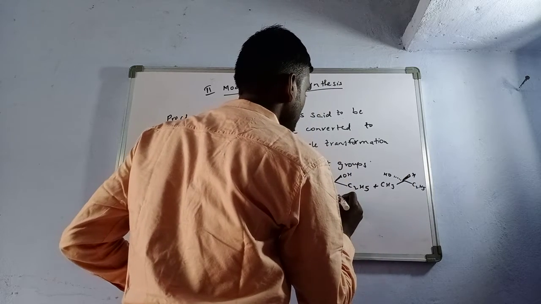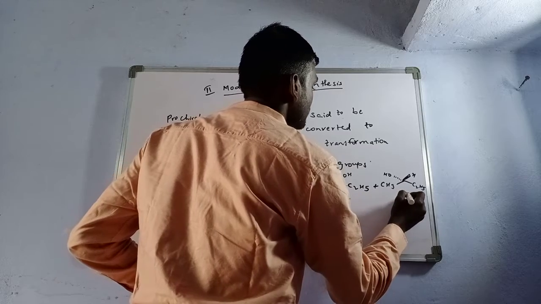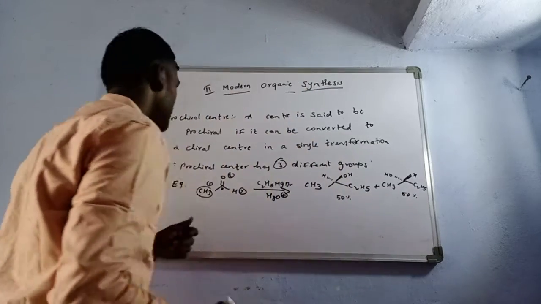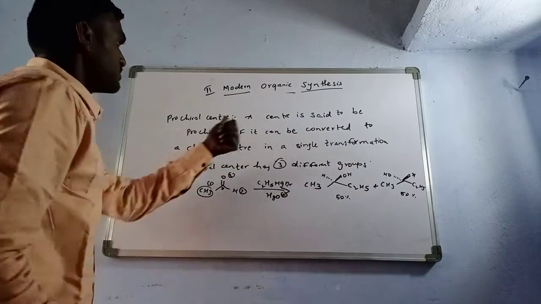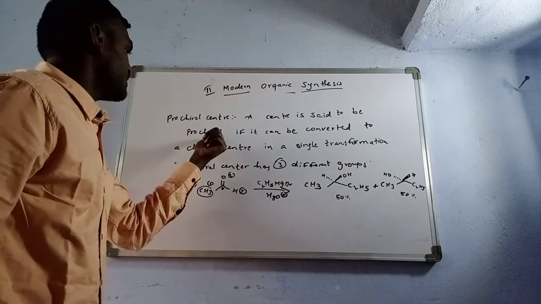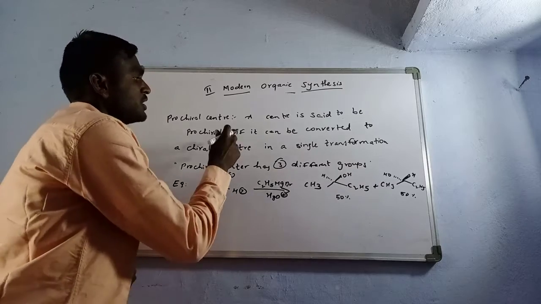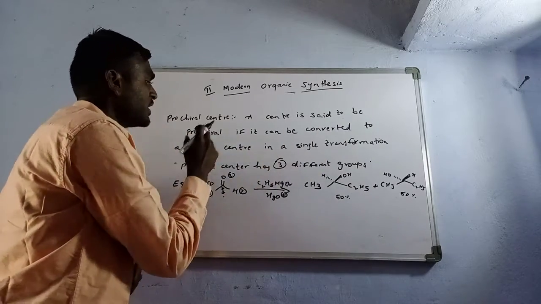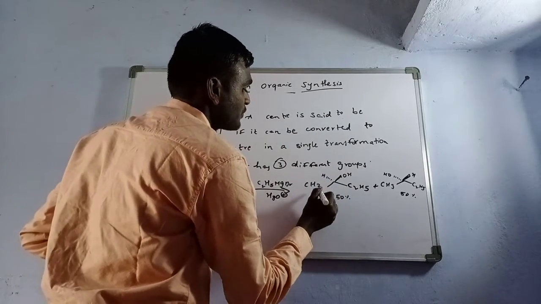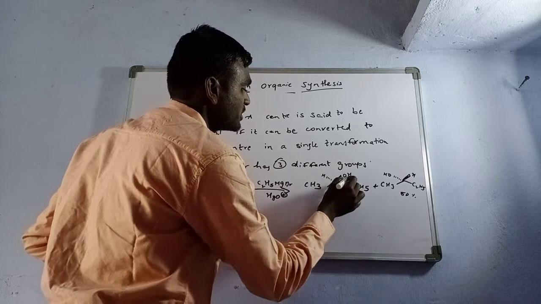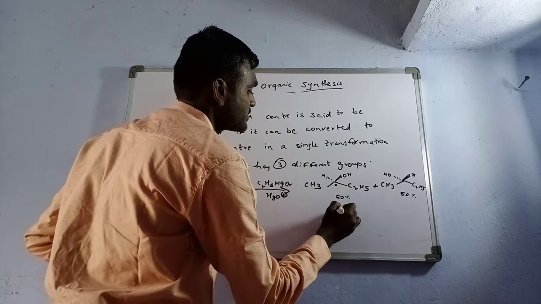There is a 50-50 chance also for this aldehyde group. Okay. Whenever a center is said to be prochiral, it can be converted to a chiral center. See here, the carbon which contains 4 different groups, therefore this is the chiral center.